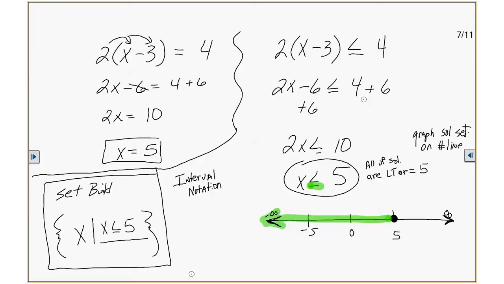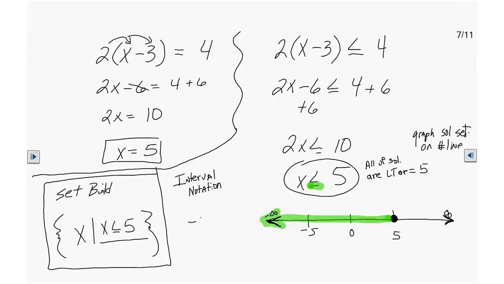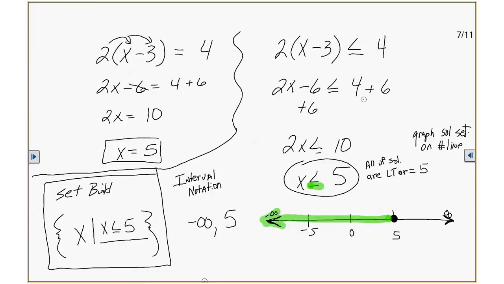What is the arrowhead called? Okay, so let's read it from left to right. Our solution set is from negative infinity to 5. So we write that in interval notation: from negative infinity to 5.